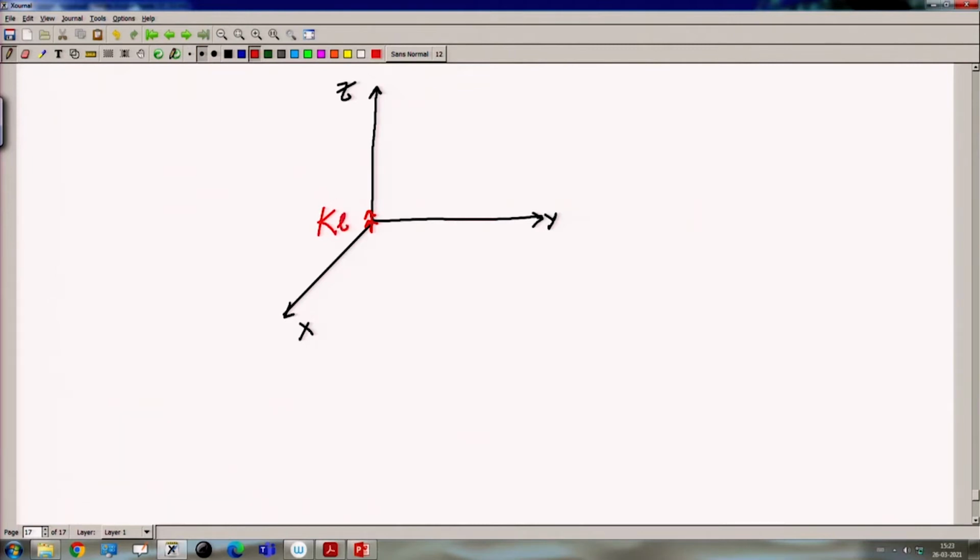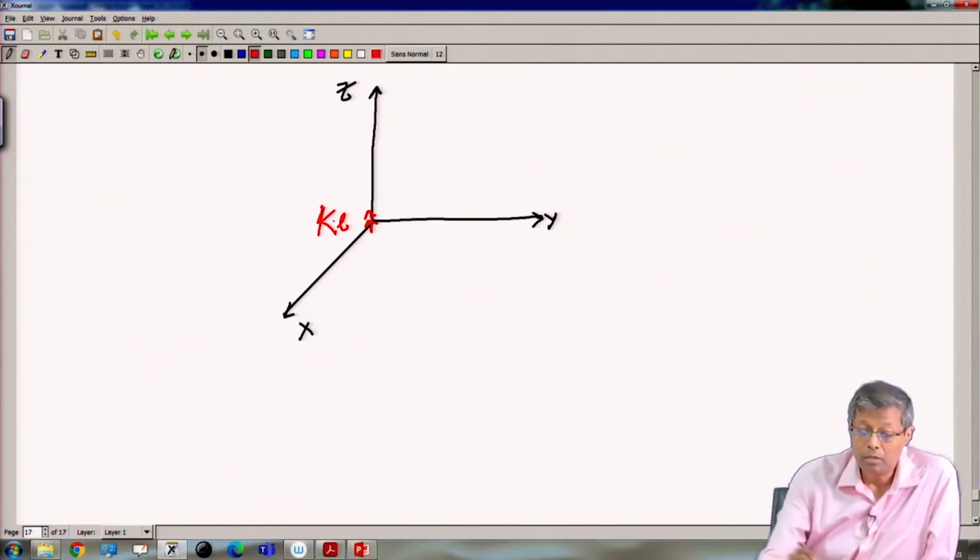This K is capital, not to be confused with the propagation constant, which is small k, and it is placed at the origin.